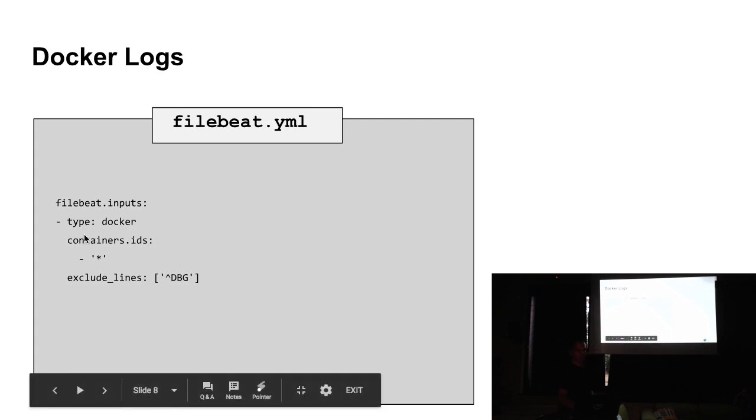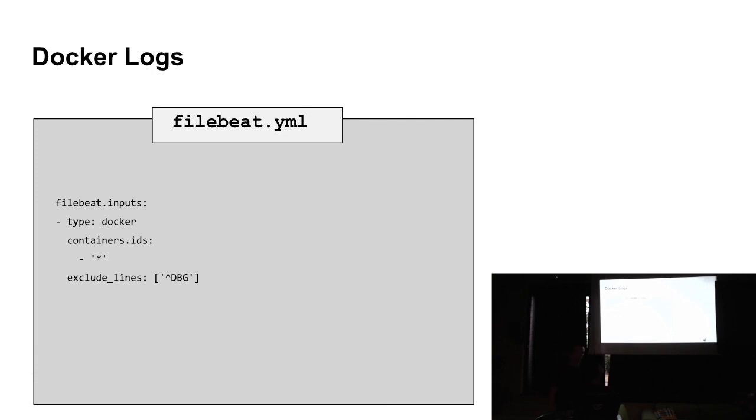So if you want to get all your logs from all your containers, that's all you have to define. You're going to have to mount the Docker socket into the sidecar container, so we actually know which containers are going to show up.